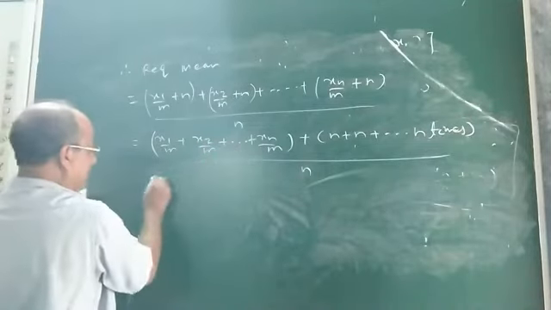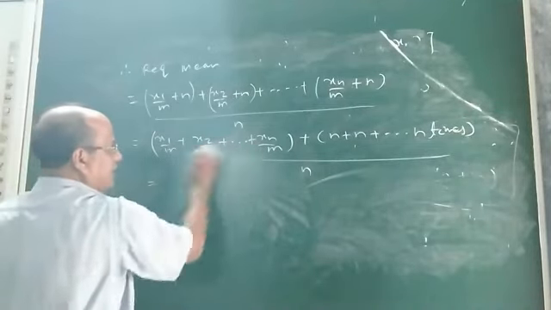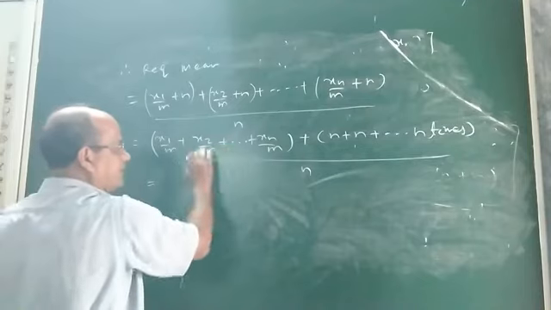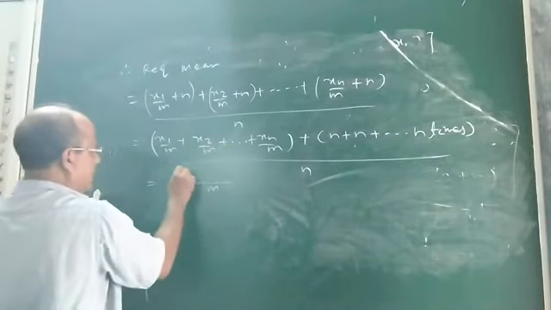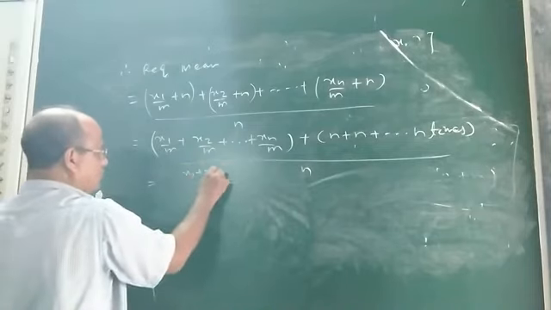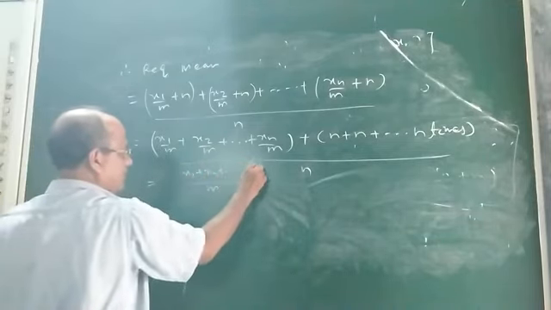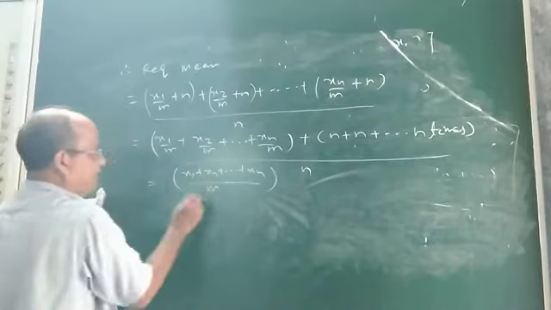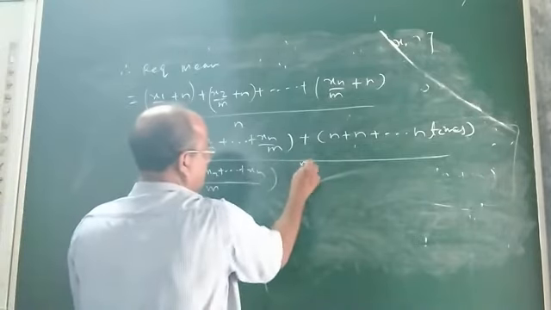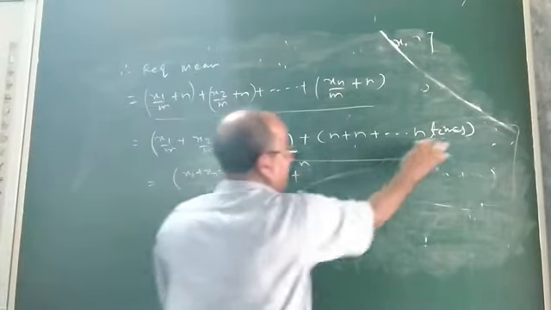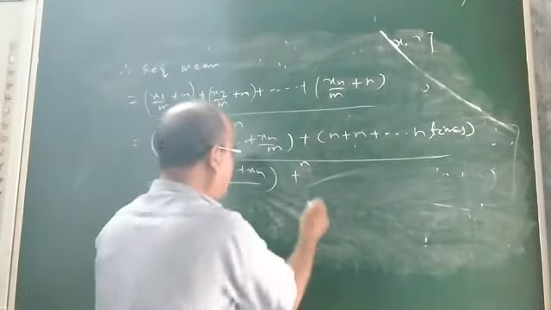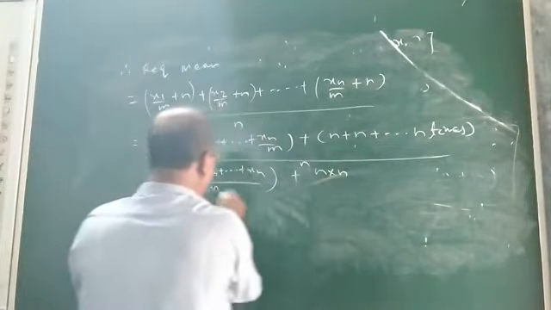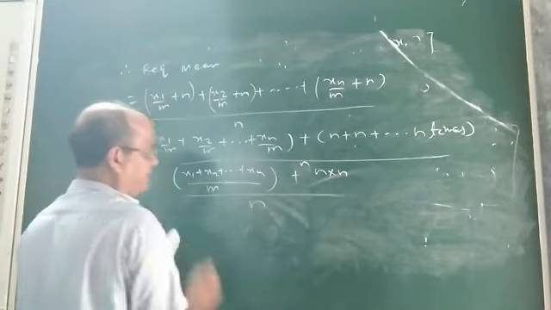Now let us take the LCM m in this bracket: x1 plus x2 plus dot xn, then if n is added n times, it will be n into n, that is n square, whole divided by n.